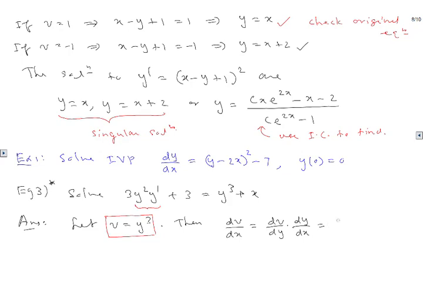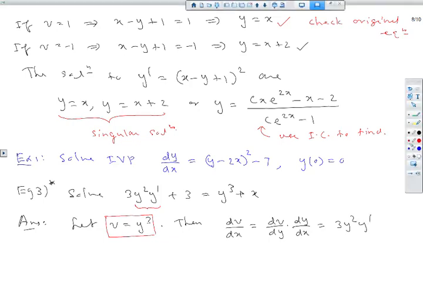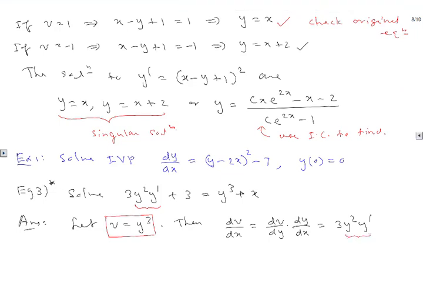Okay, and then this is going to give you 3y squared dy over dx, which is y prime, and you can see that this term is sitting there nicely. Sometimes you might not see the 3 at the beginning, but here you actually see 3, so things are easy. So you can replace 3y squared y prime by simply v prime.